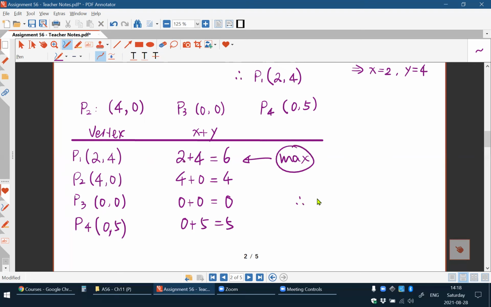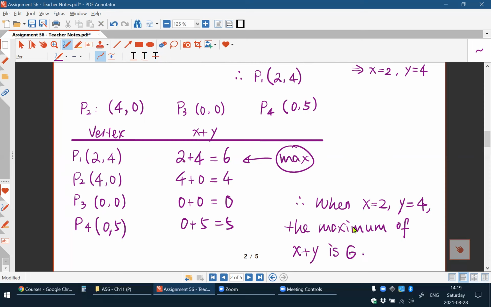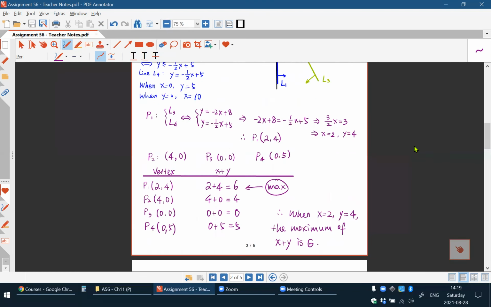Now we can make the conclusion. When x is 2, y is 4, the maximum of x plus y is 6, right? Okay. Now please have a look at this. Do you have any questions?